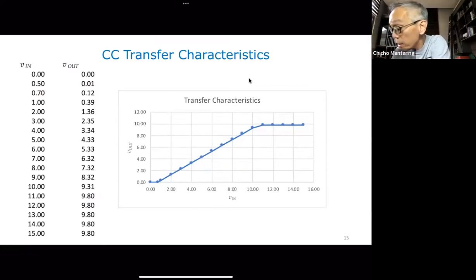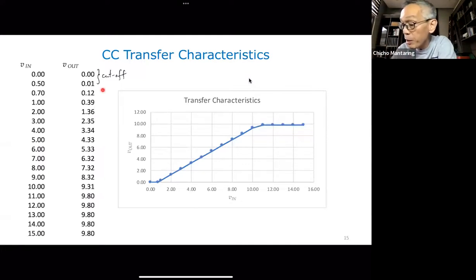If you take a look at the output, this is my output versus my input. Up to about 0.5, I have almost no output. So here, this is cutoff. And that makes sense because we said that it should cut in at about 0.7 and it does.